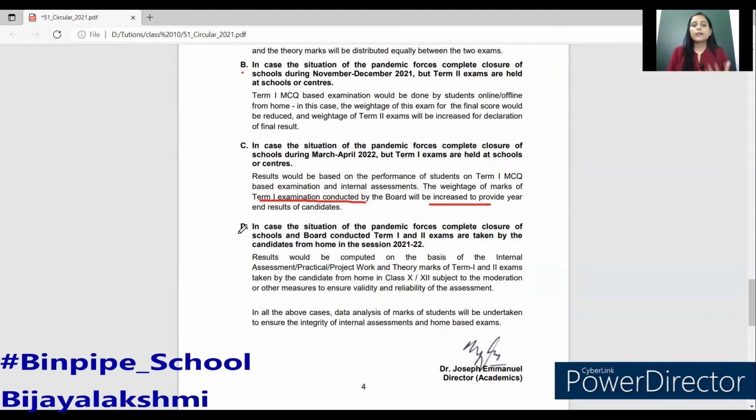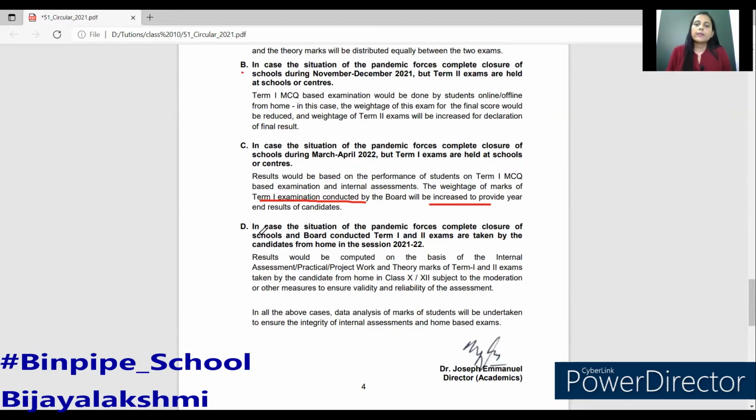Now, in the third case, in case the situation of the pandemic forces a complete closure of the schools and board-conducted term 1 and term 2 examinations are taken by candidates from home. Suppose students aren't able to give the term 1 and term 2 examinations as decided by this circular, then what would happen?